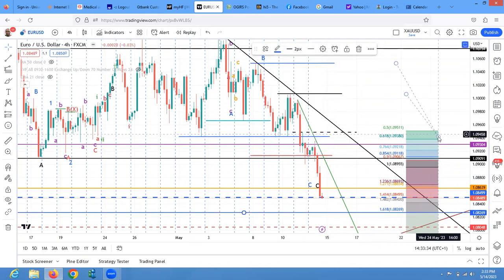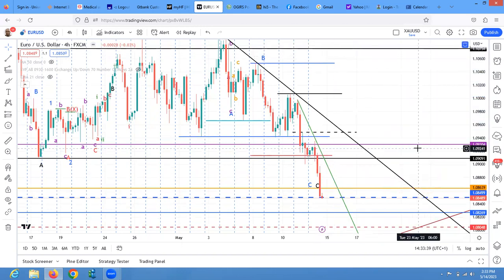So what we are saying is that we are trying to map out the area of 161.8 of the big 1 and 2, which is the first one, and within a 3-1 and 3-2, which is the second one here. We should be seeing reaction around this area. Of course, it's showing that kind of reaction now because this is the consolidation, but price may still just push and push.